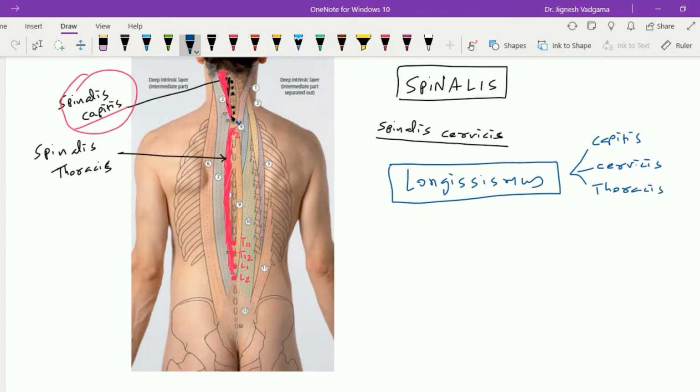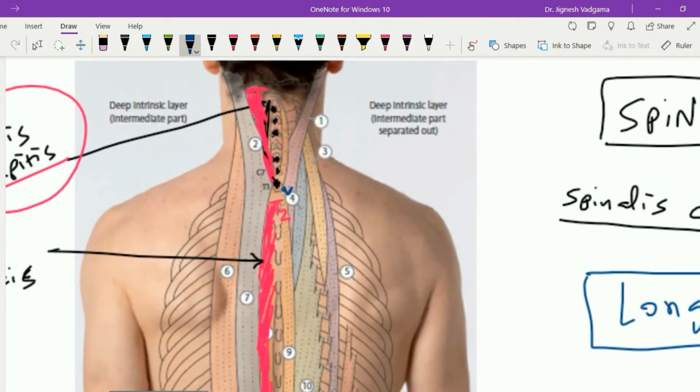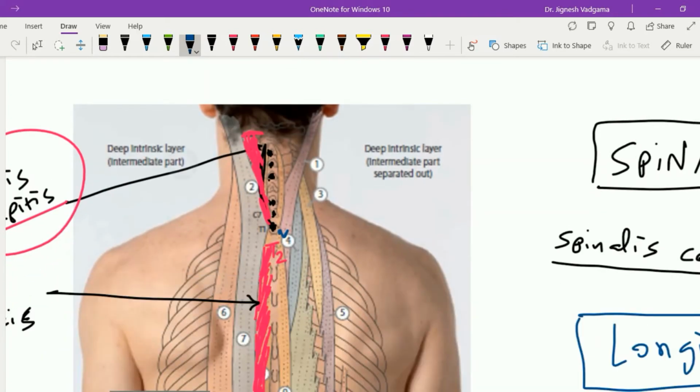Here in this figure we can appreciate the longissimus capitis muscle, which arises from the C4 to T3 vertebrae, passes upward and inserts over the mastoid process.